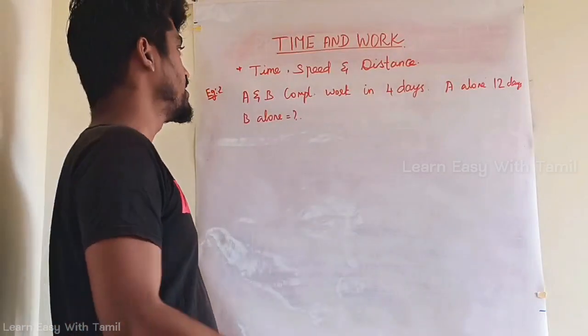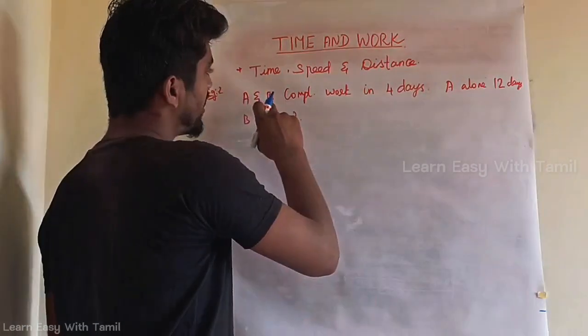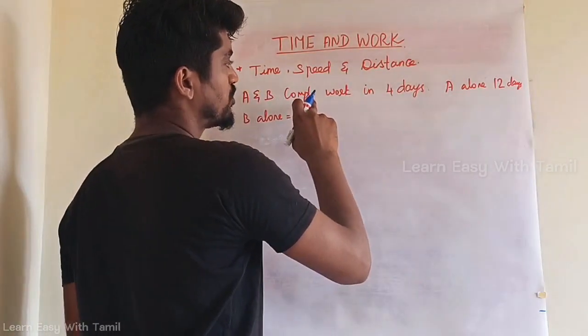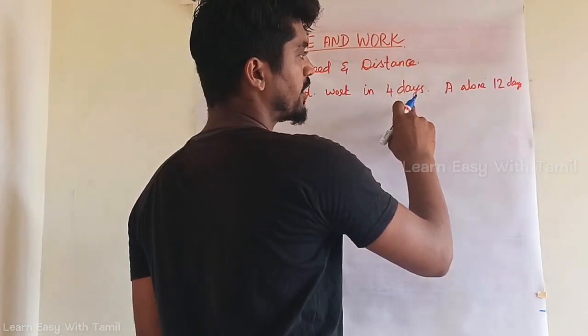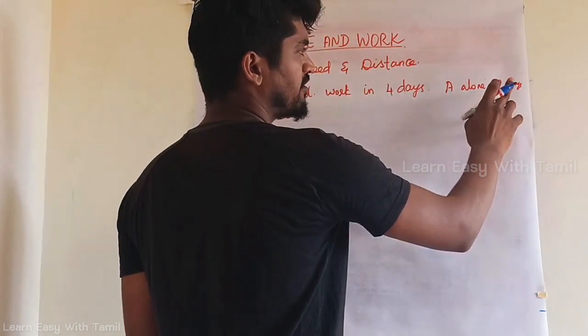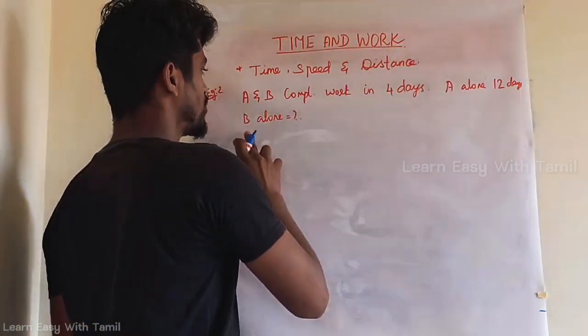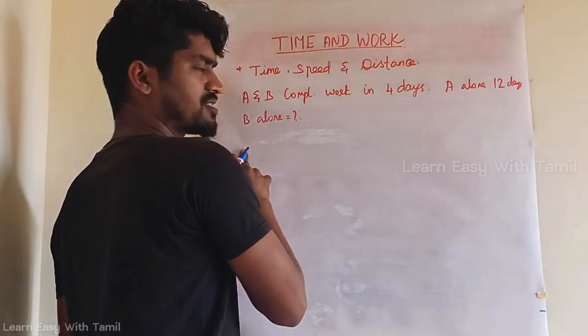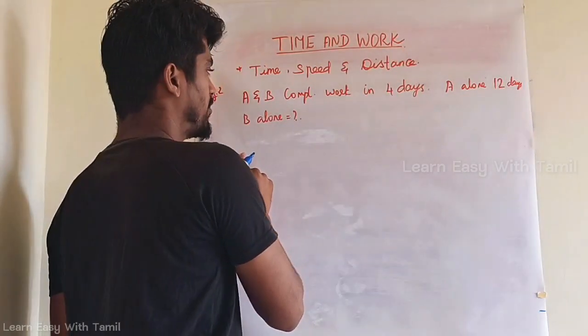The next example: A and B working together complete a work in 4 days. A alone takes 12 days to complete the work. So when B works alone, how many days does it take to complete the work?